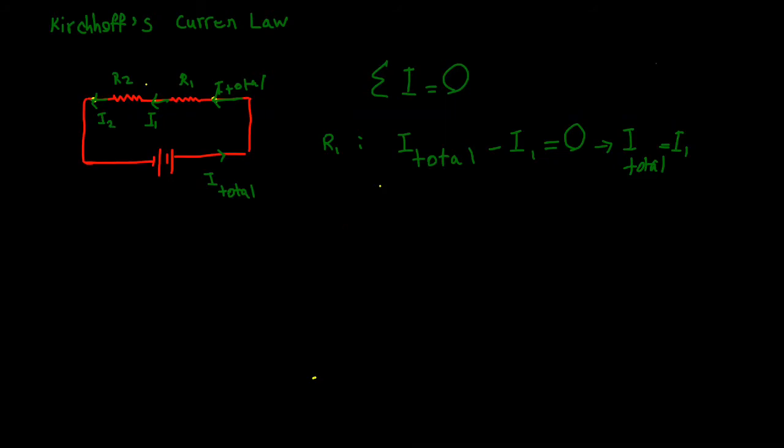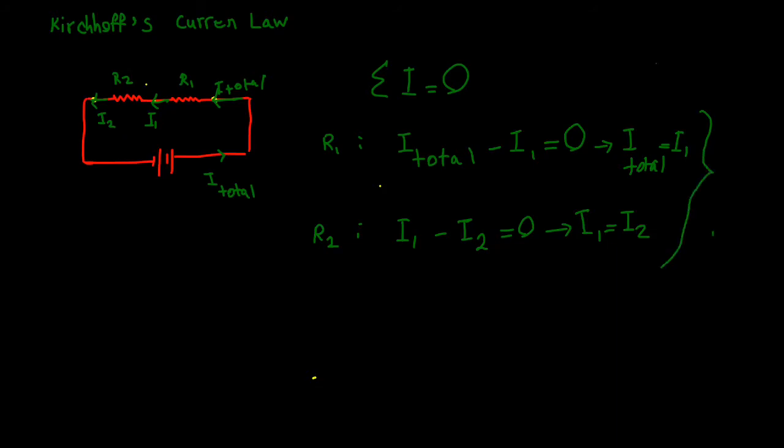It means for resistor number 2, I1 going in, so it's positive because it goes into resistor number 2 or this point, and I2 leaving that. So I put negative and then equal 0. And as Kirchhoff's current law, the total should be equal 0. As a result, I1 equal I2.